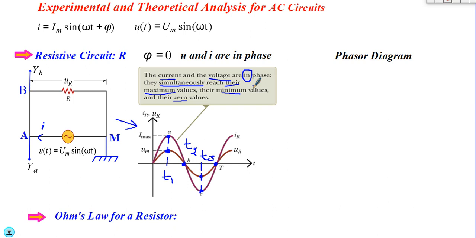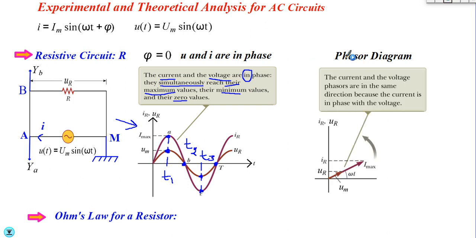In order to understand this in a deeper way, for a phasor diagram, we have here the voltage of the resistor, which is coincident with the current traversing the resistor.